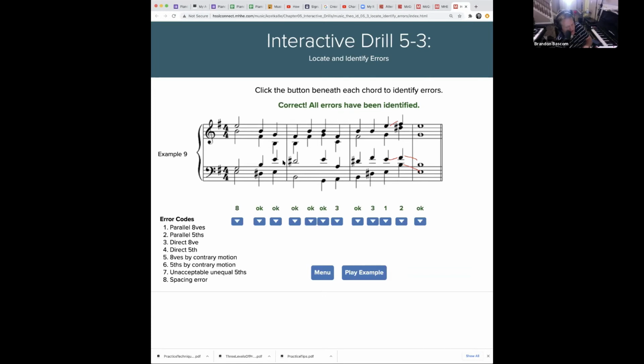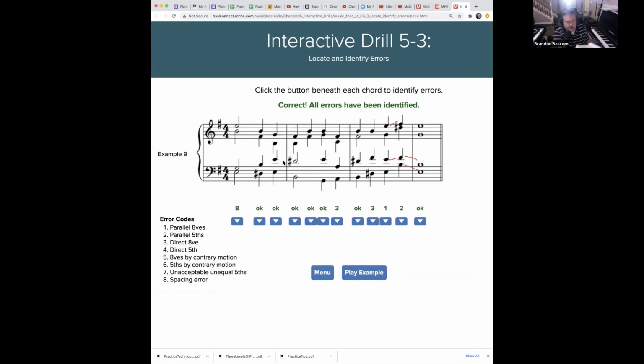For the purposes of our part writing exercises, we will consider unequal fifths acceptable unless they involve a diminished fifth going to a perfect fifth between the bass and another voice. So, unequal fifths cannot involve a diminished fifth going to a perfect fifth, but they can go from a perfect fifth to a diminished fifth.